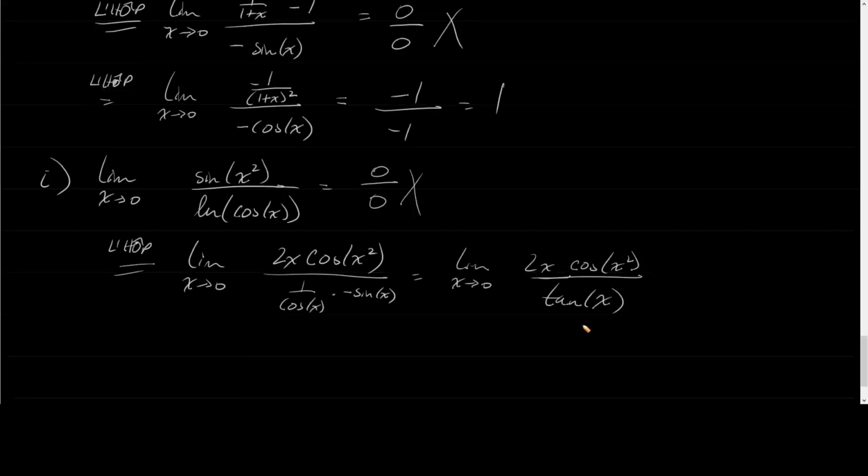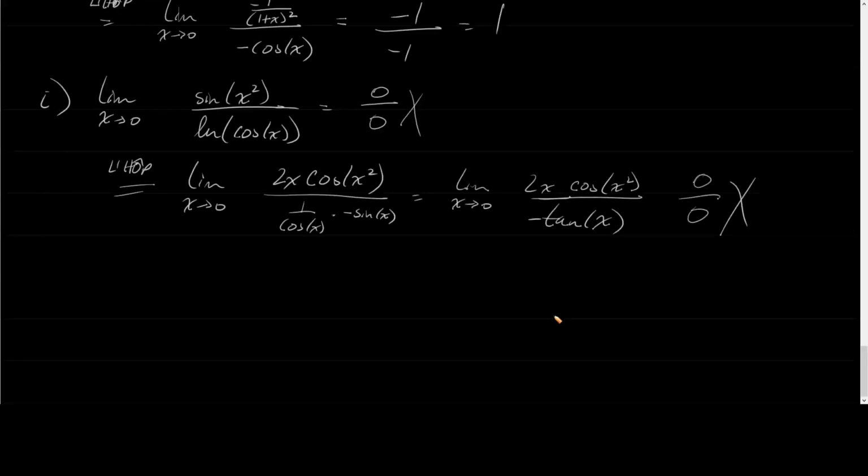As written, if I plug in 0, 2 times 0 is 0. Cosine of 0 is 1. Tangent of 0 is 0. So overall, I end up with 0 over 0, which is indeterminate. Oh, wait, negative tangent. There we go. Negative tangent, which is indeterminate.